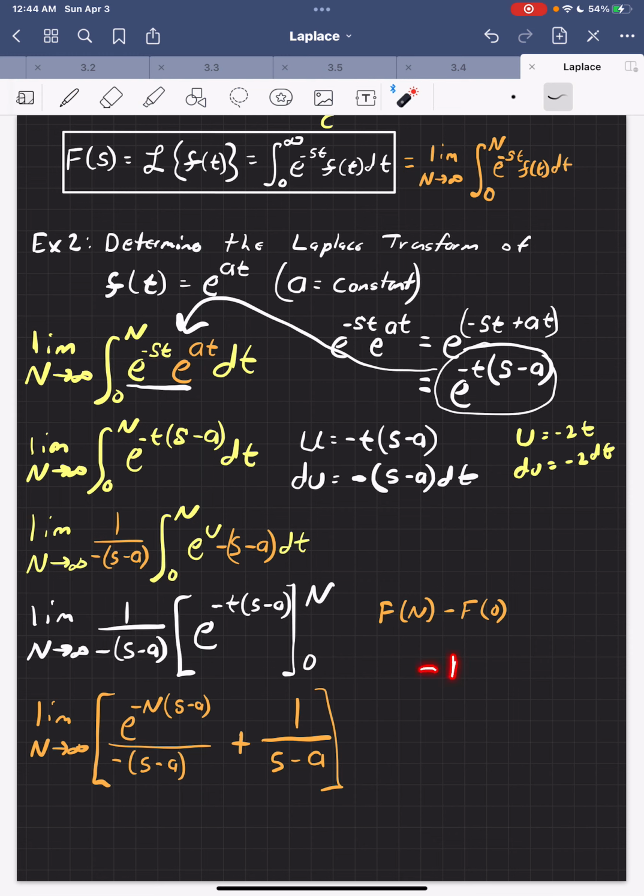You had minus f of 0, that would be minus 1 over negative s minus a. My sincere apologies, my stylus is dying on me. That's right, so it's f of 0, that's negative 1 over s minus a, basically times e to the 0. So that's where that double negative that you're seeing right here ends up just becoming this plus symbol.